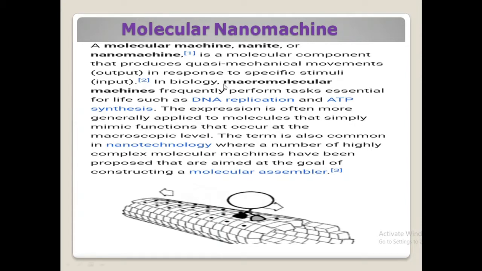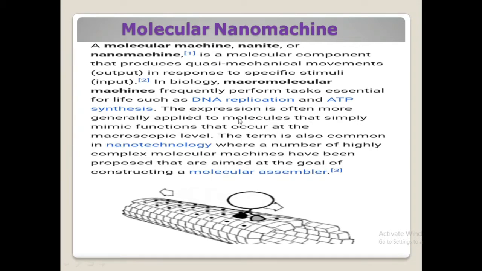In living systems or in biology, macromolecular machines frequently perform tasks essential for life. For example, DNA replication, that is duplication of the DNA strand happening inside the cell, and ATP synthesis, that is energy in the form of ATP. These two are very important life processes happening in all living cells.